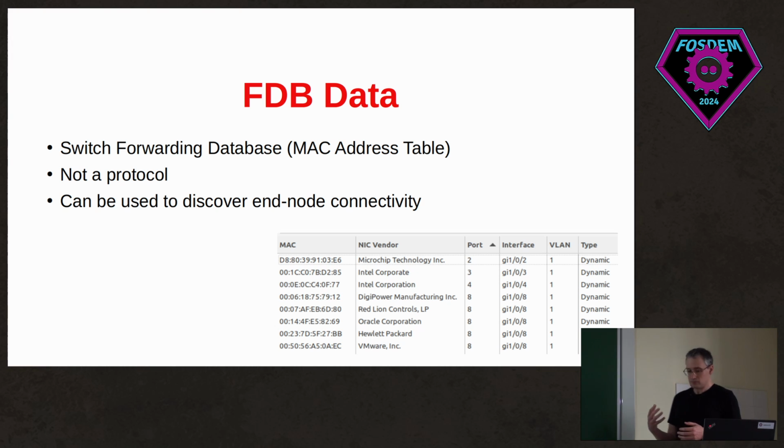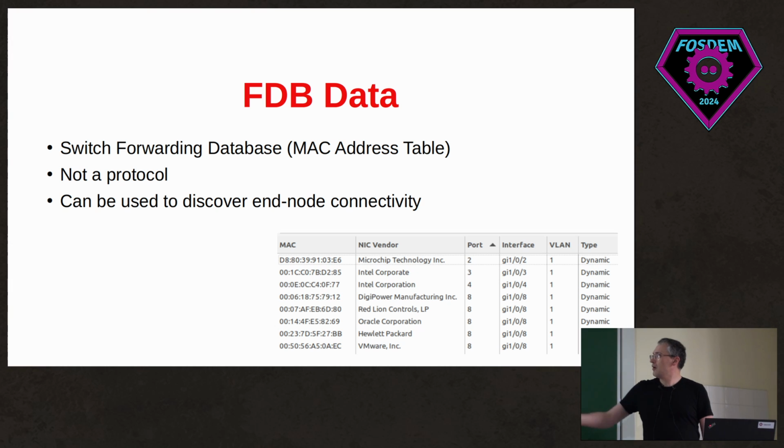If we read the MAC address table from the switch, we can identify ports that only have one MAC address known on them, and we can assume that there is only one device connected to that switch port. So we can add a topology link connecting that device, which may not be manageable at all. We can just ping it and know its MAC address, and we know it's connected on that switch port.